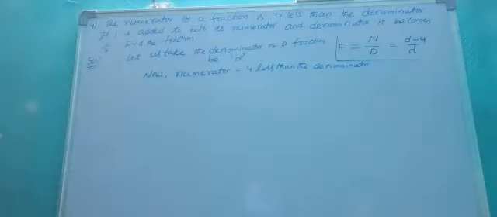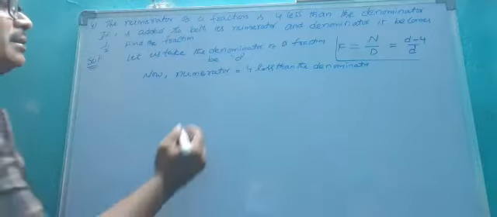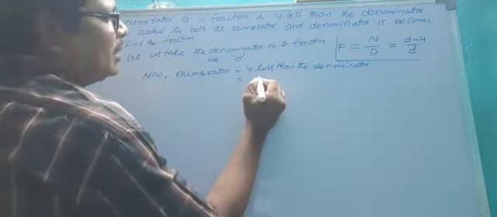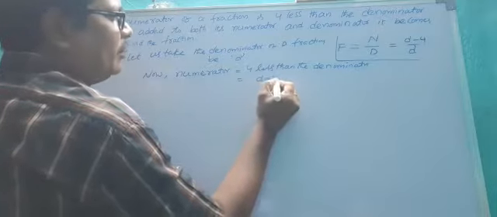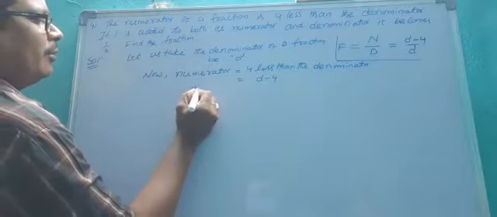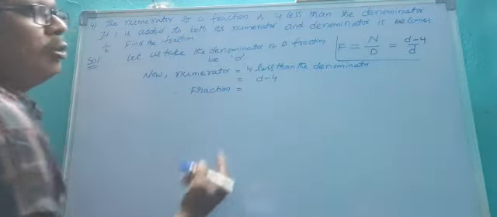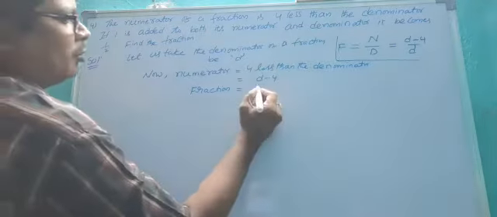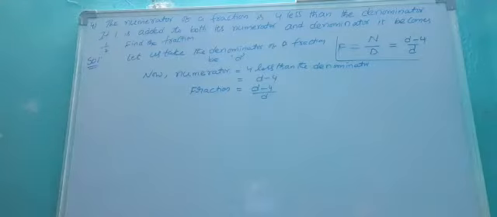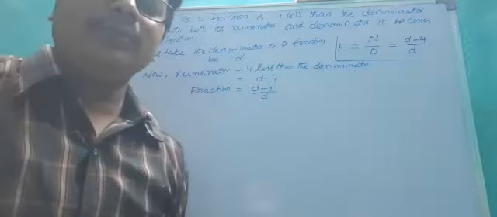From the problem, the numerator equals 4 less than the denominator, which means d minus 4. Therefore, the fraction is equal to numerator by denominator: numerator d minus 4, denominator equal to d.